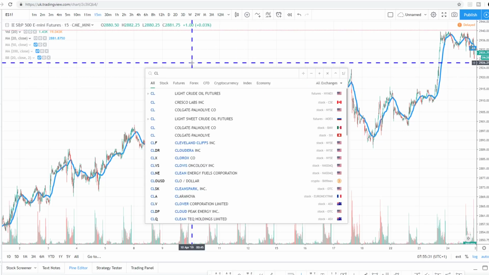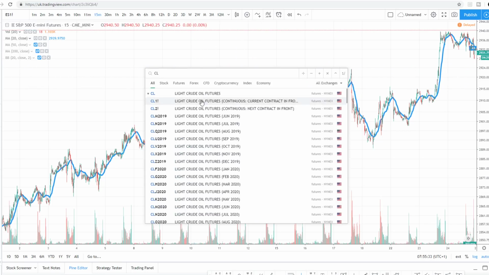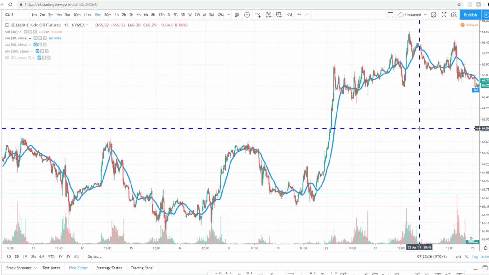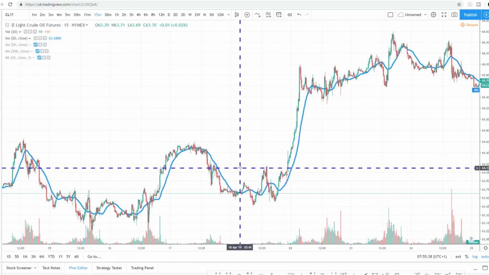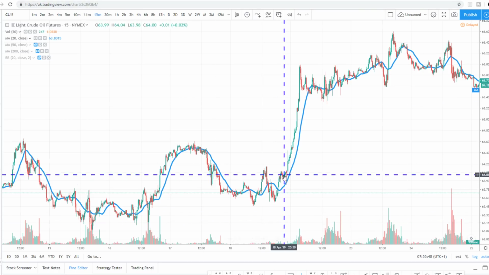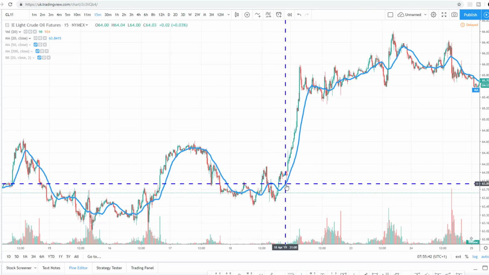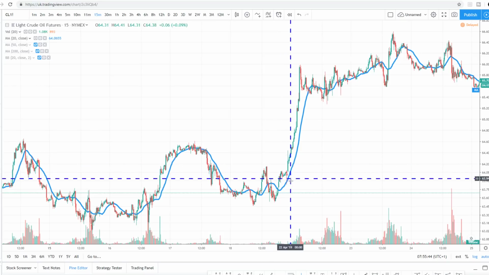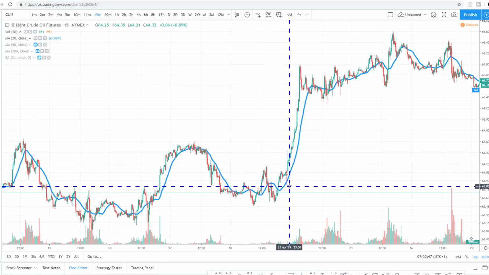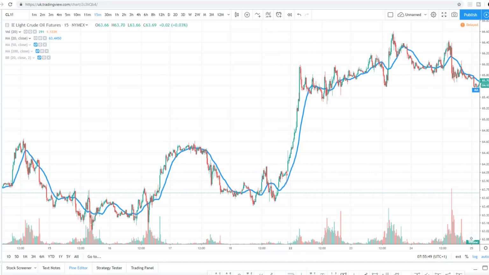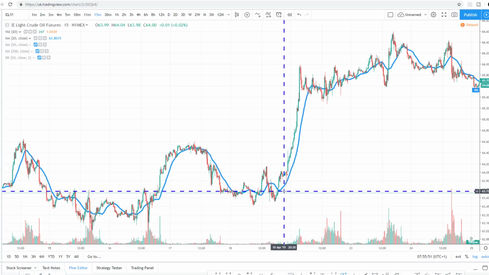If you were to bring up the oil contract, it would probably work here as well. As you can see, 20 simple moving average, 15-minute time frame. It comes here, breaks it, comes back down again, and you would have bought in on this breakout. The minute it breaks through, you put your stop below the low.